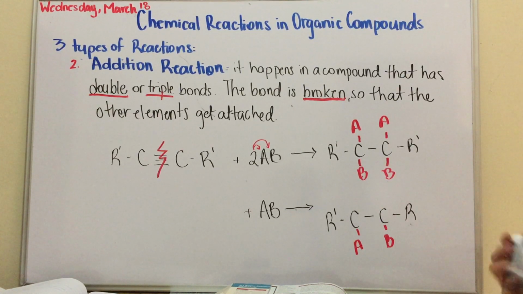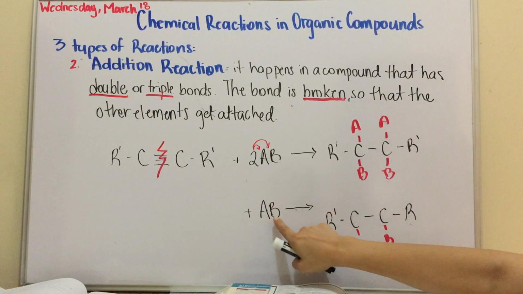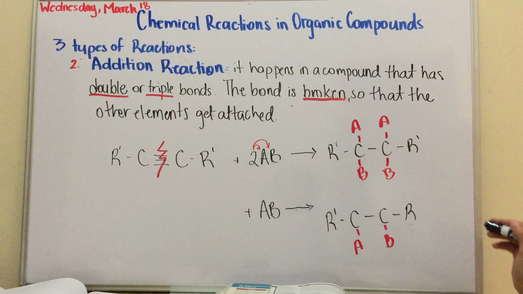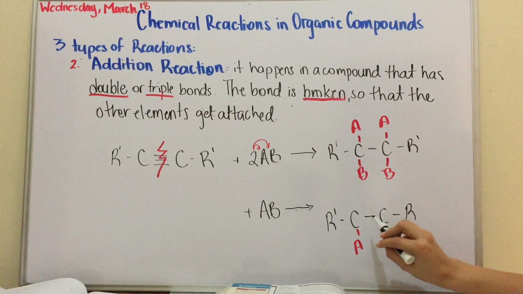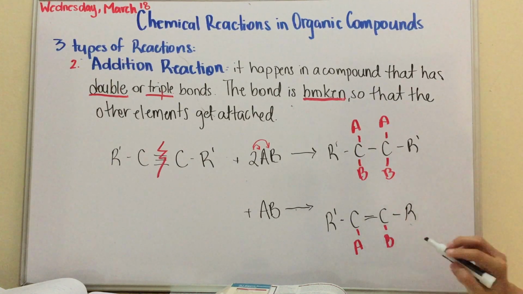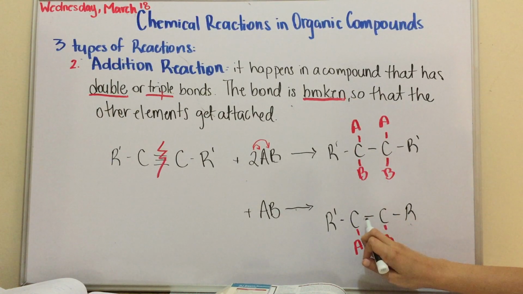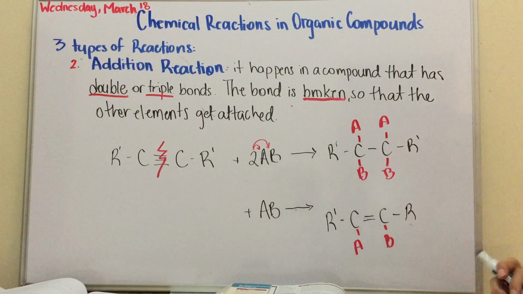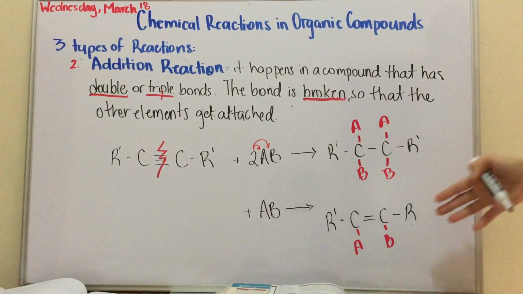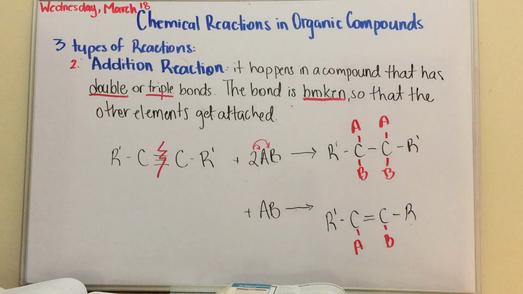So what's wrong with this carbon? It only has 3 bonds, but I only wanted to add 2 elements. And I don't have hydrogens. You cannot invent hydrogens. So this one keeps a double bond. So these are the two types of reactions that you can have when we have a triple bond.